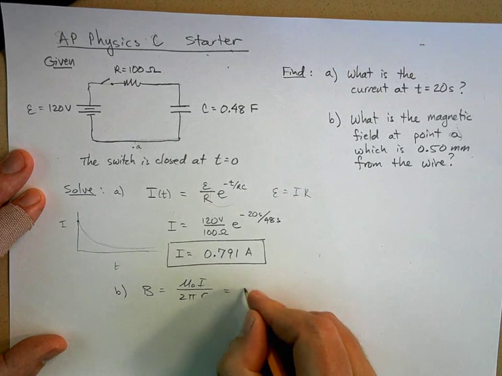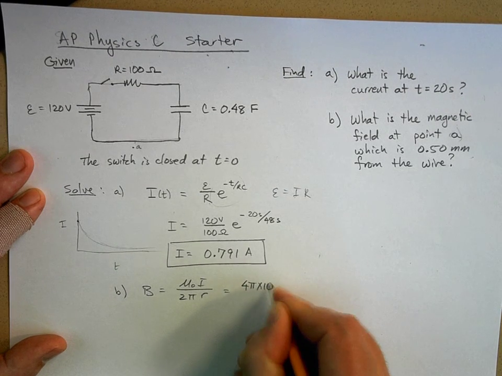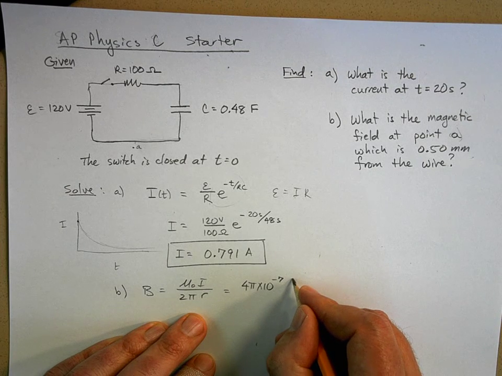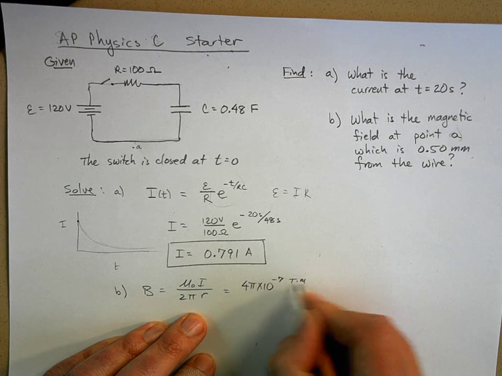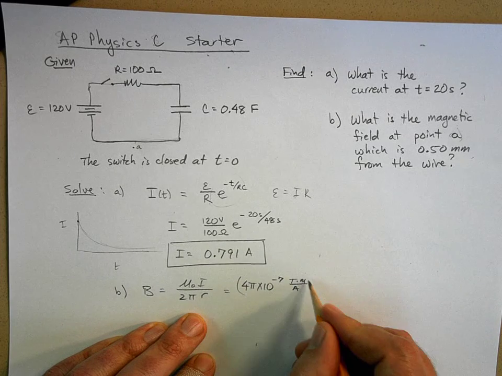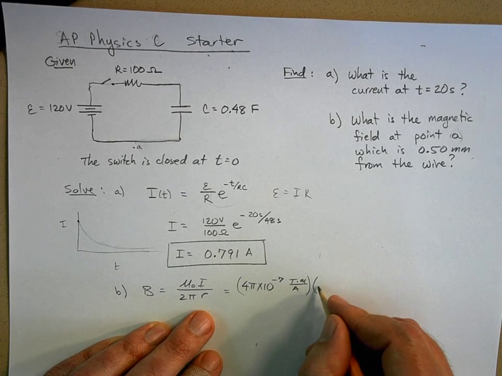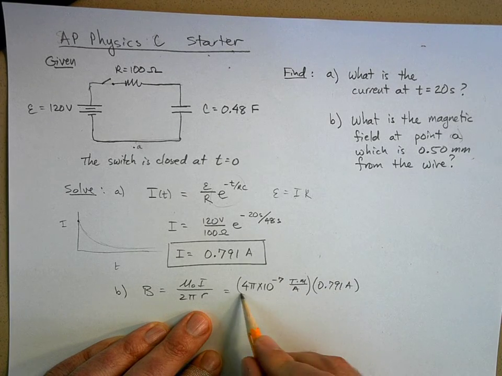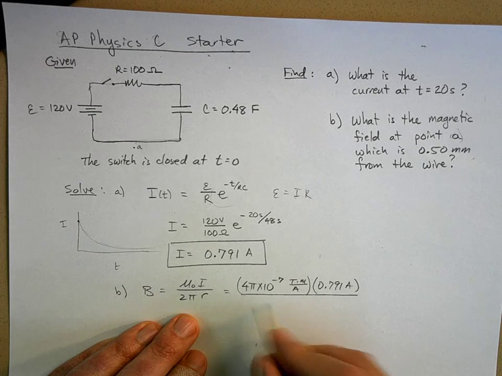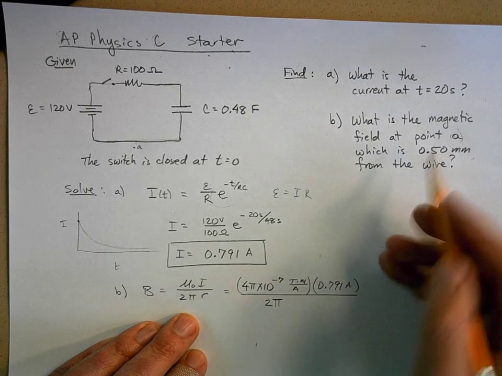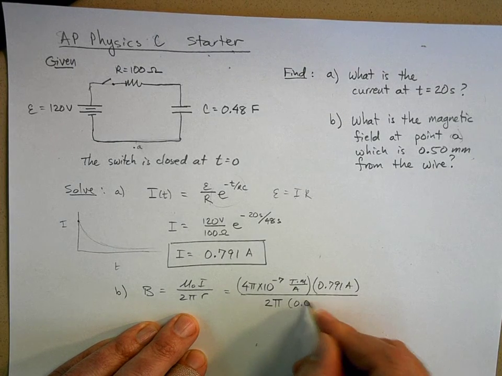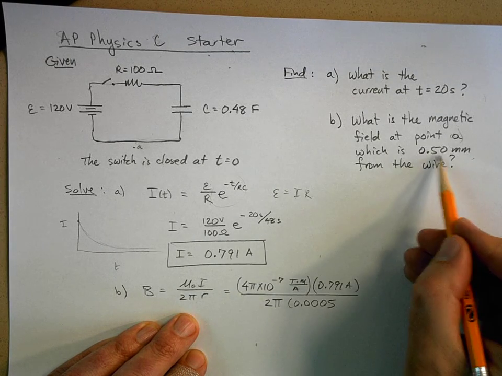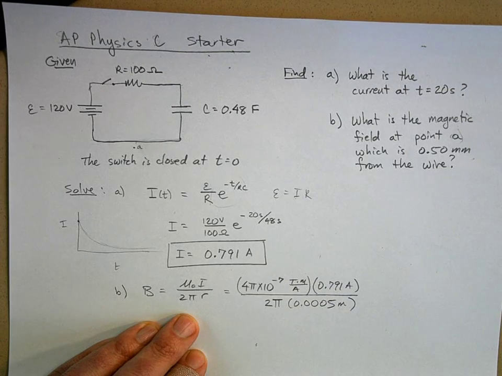So mu naught is 4 pi times 10 to the negative 7 Tesla meters per amp, times the current, which we know, and then 2 pi, and then 0.5 millimeters is 0.0005 meters. Did I do that right?